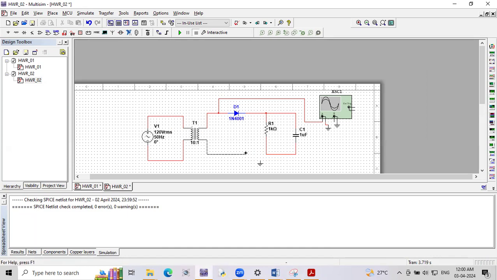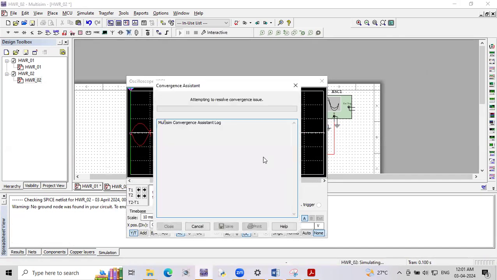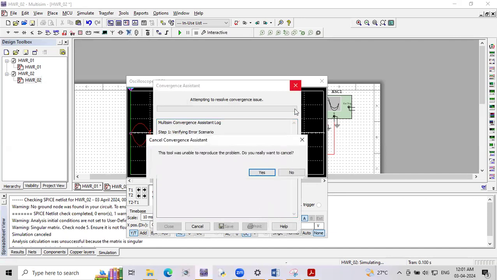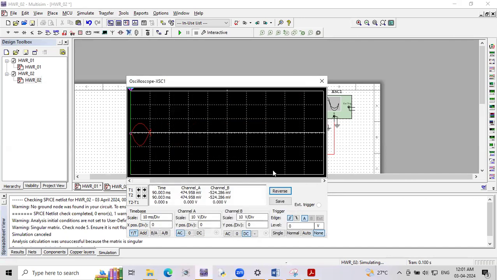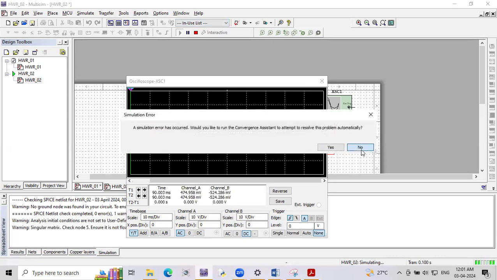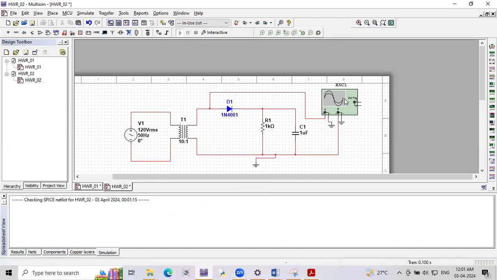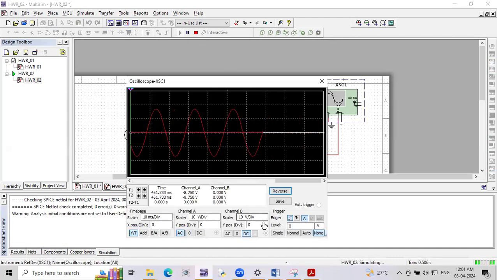The output you can connect here, or here also. Run, check the output. Okay, you're going to get some output now. Some simulation error is there, so you need to connect ground.